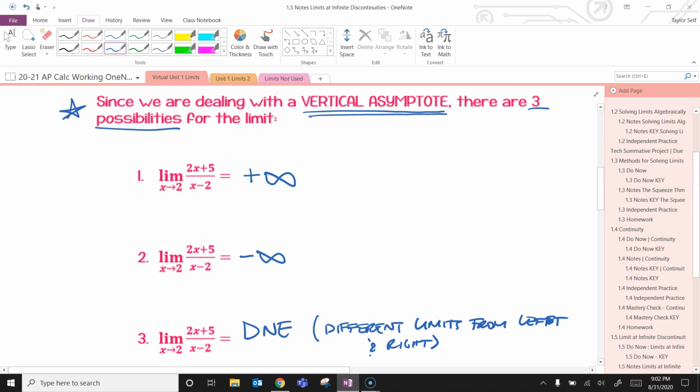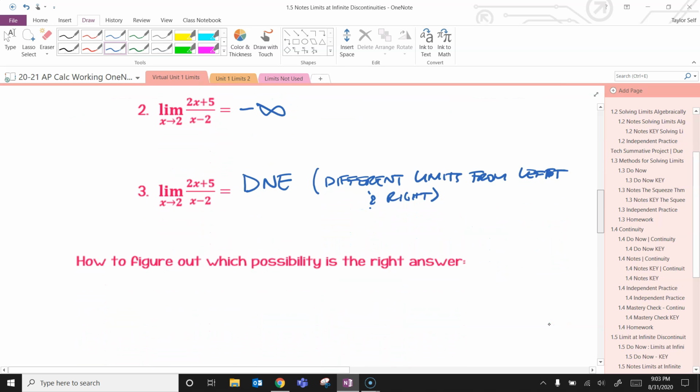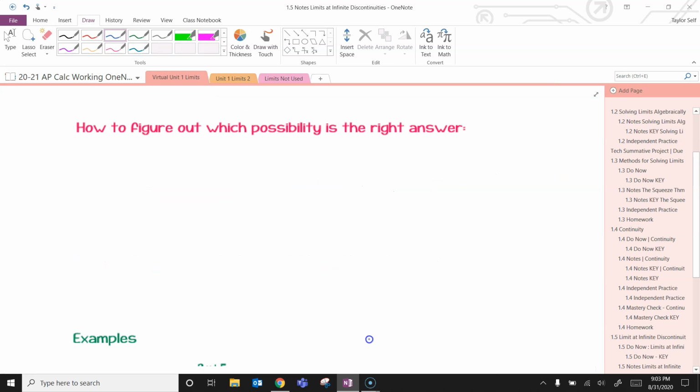Okay, now let's break it down. How do we know which one is the right one? We know these are 3 possibilities. How do we check which one we have? Okay, how to figure out which possibility is the right answer. All right, you need to make sure you write this down.